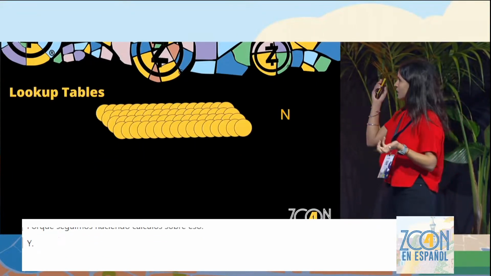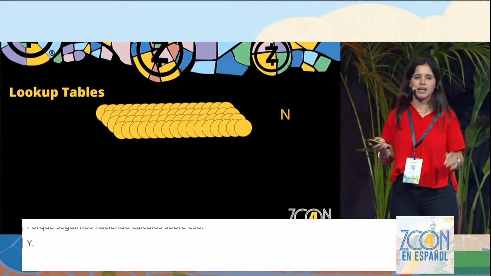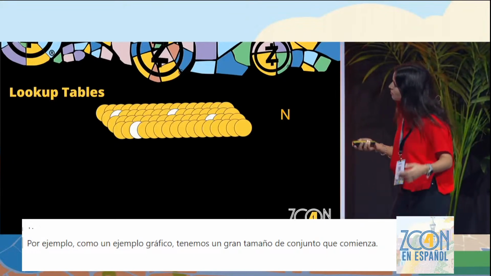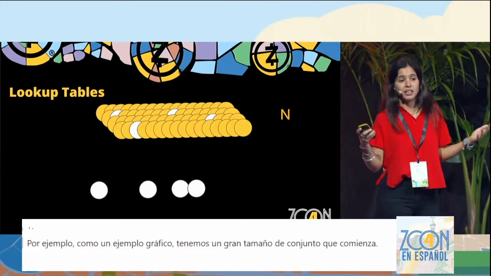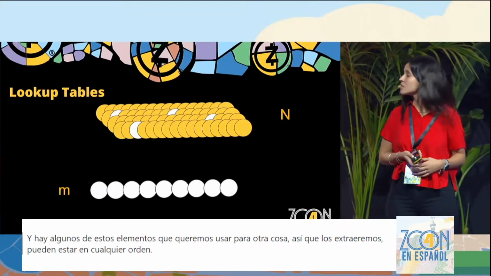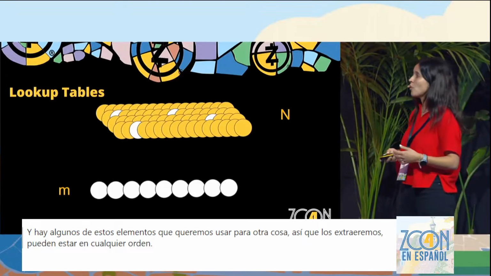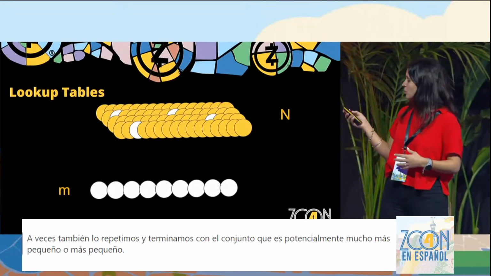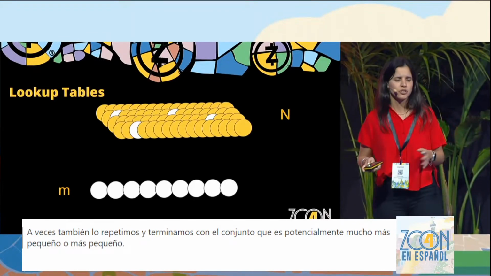For instance, a graphical example: we have a big set of size big N, and there are some of these elements that we want to use for something else. So we extract them. They may be in any order, sometimes also repeated, and we end up with a set that is potentially way smaller. Now we want to make computations on this small set and forget about all the information that we don't need anymore.